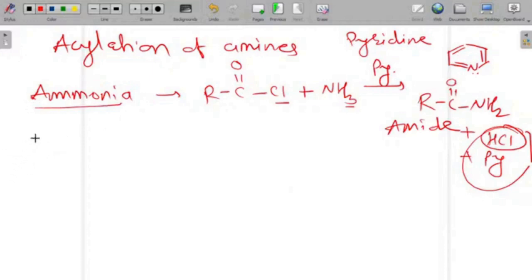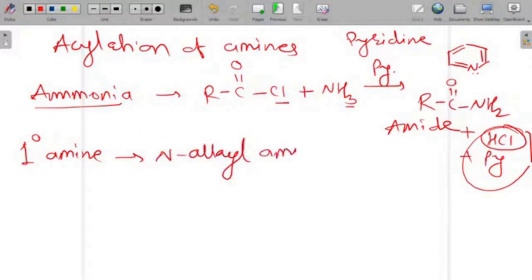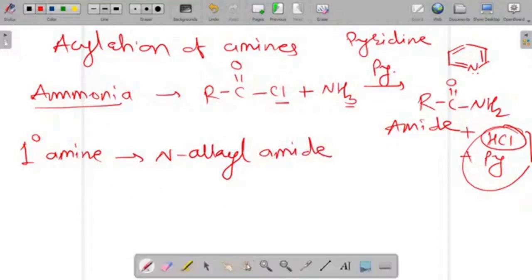So what is the reaction of primary amine? Now we will see the primary amine. Primary amine gives N-alkyl amide. How is this N-alkyl amide formed?